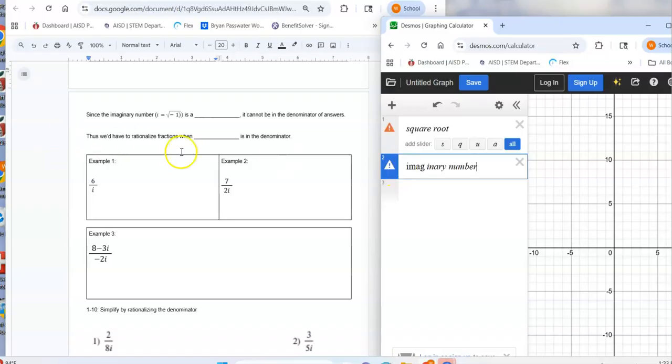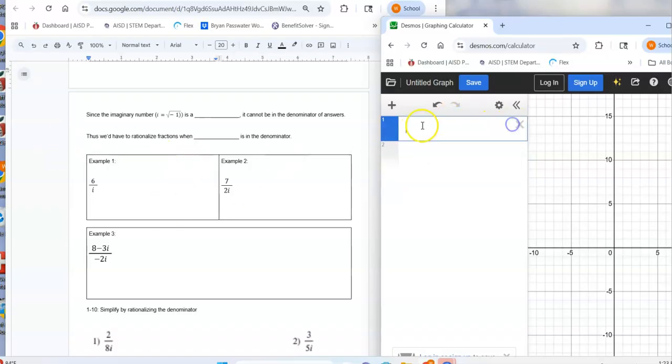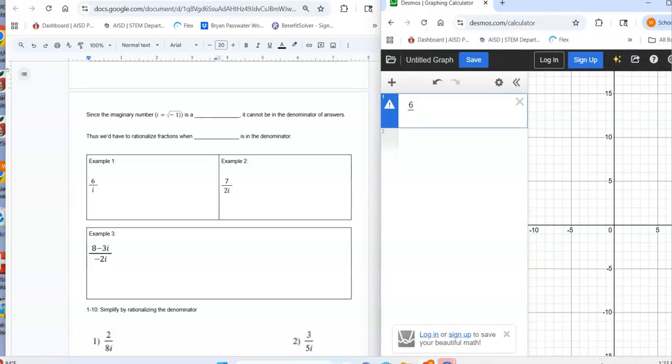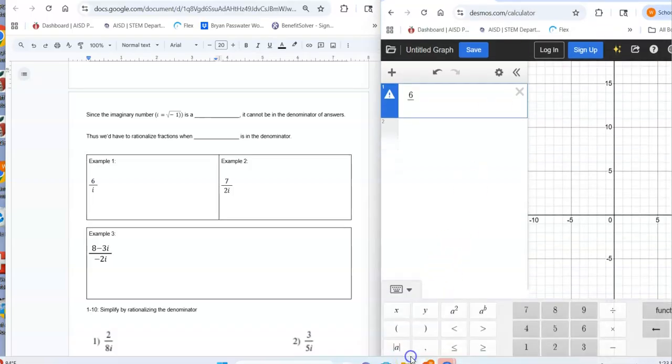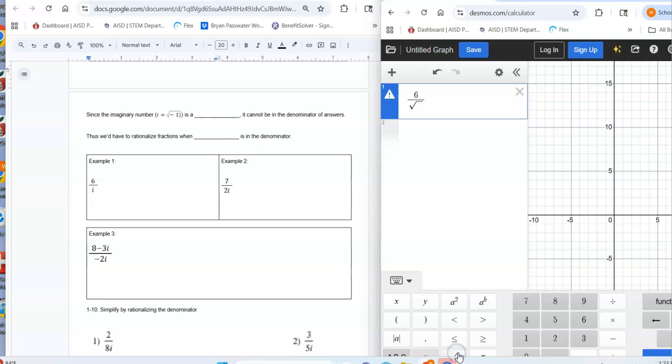Okay, so 6 over i, just so we understand, really does have a root in the denominator. That means 6 over i means 6 over the square root of -1, and we can't have that. Now, what do we do? Well, we're going to multiply times i over i.